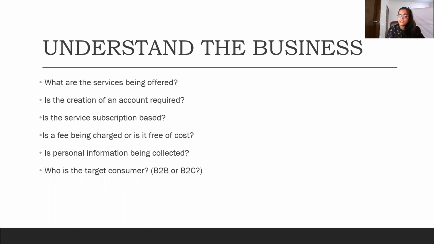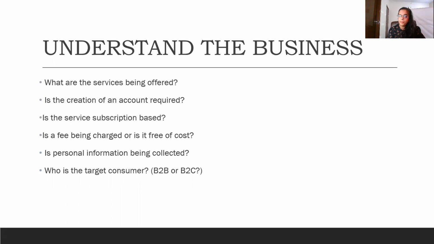So therefore, each service, each product is different. So before you sit down to draft the terms and conditions, you need to understand what are the services being offered by that particular website or that particular application. And only in that context would you be able to draft the terms of use properly.